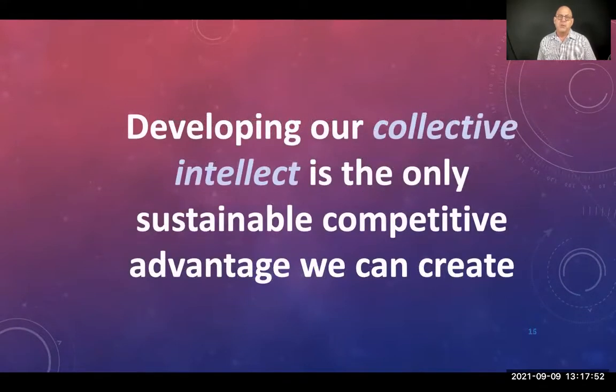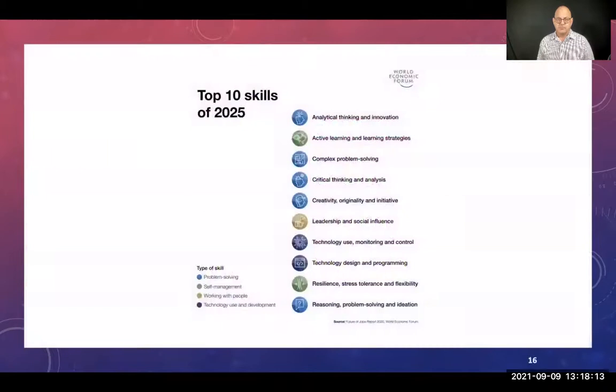But the important thing to remember is we really have to develop our collective intellect, because I think that's the only sustainable competitive advantage that anybody can have for a very uncertain future. One way to look at this is that collective intellect is the only way out of the worm pit that we talked about in Module 4.